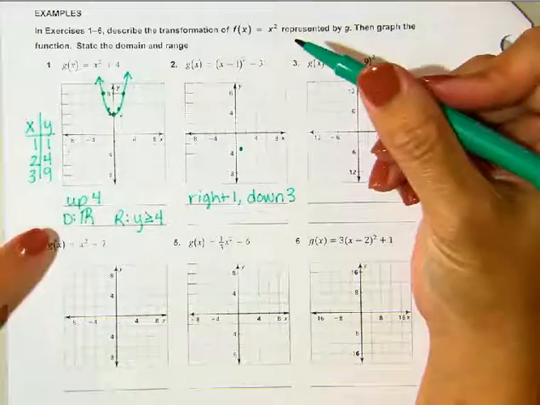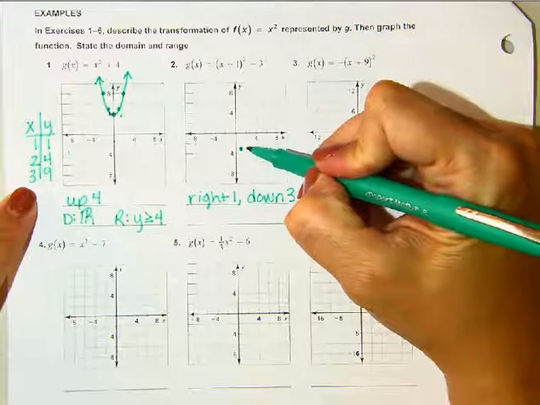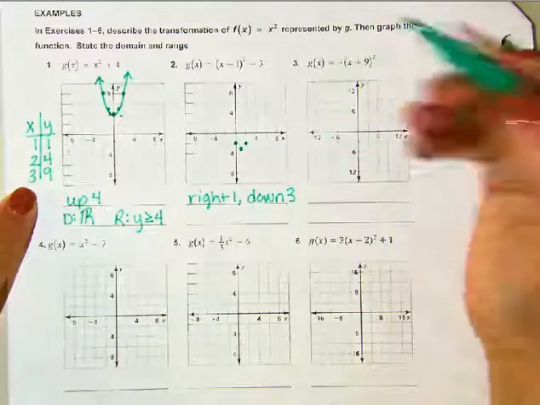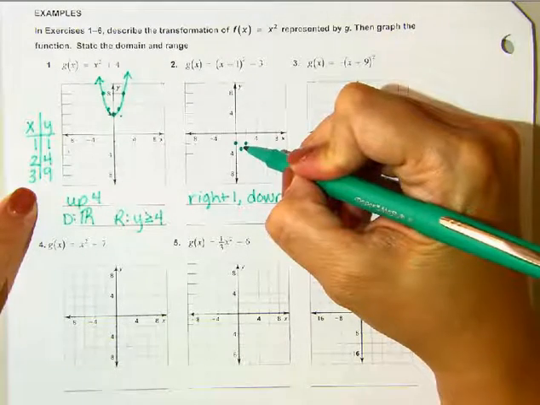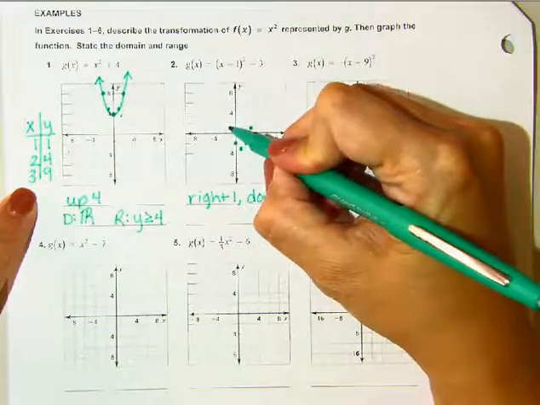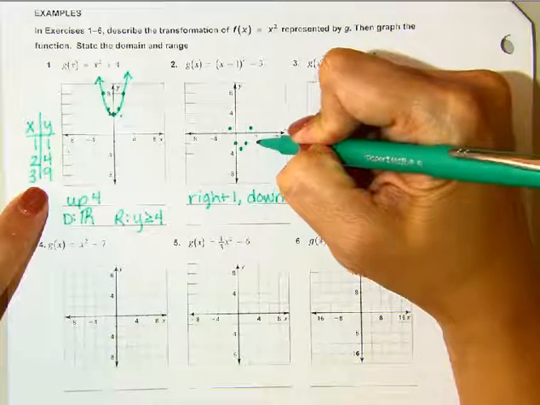And then these points are what I use to graph. From that start point, I'm going to go right 1, up 1. And then from that start point, I go right 2, up 4. From that start point, I go right 3, up 9.